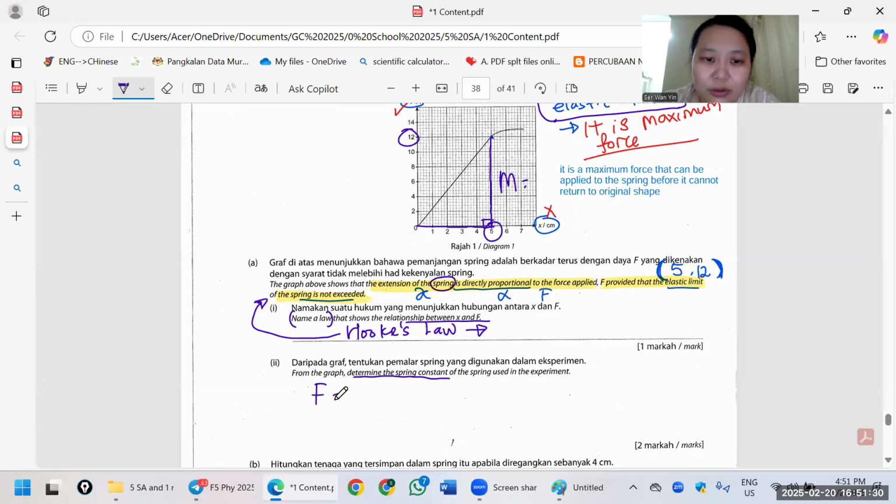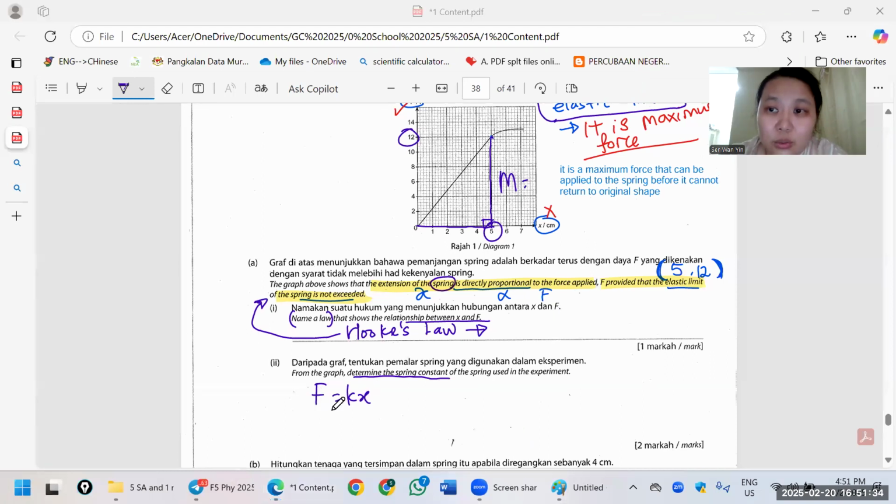So we say F equals to kx. I use 12 equals to k times 5. I use 12 divided by 5. That is 2.4 Newton per cm. Can I?